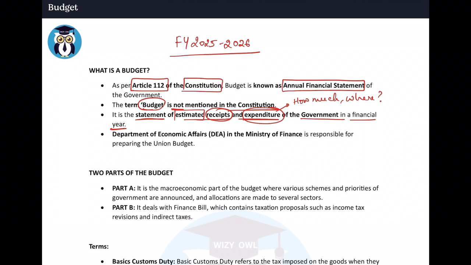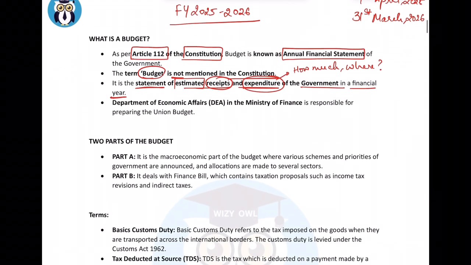In India, the financial year starts on 1st of April and ends on 31st of March. So for 2025-2026, it will start on 1st April 2025 and end on 31st March 2026.